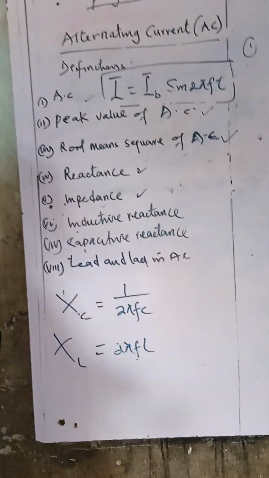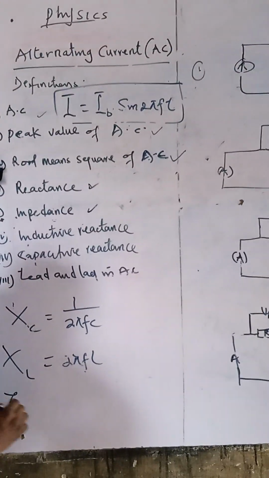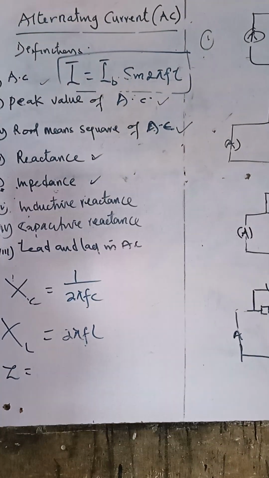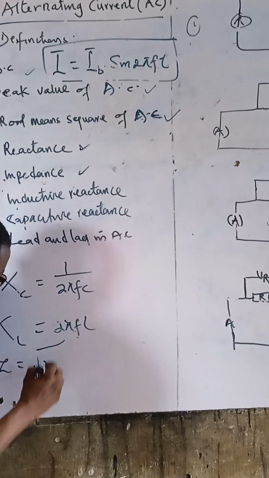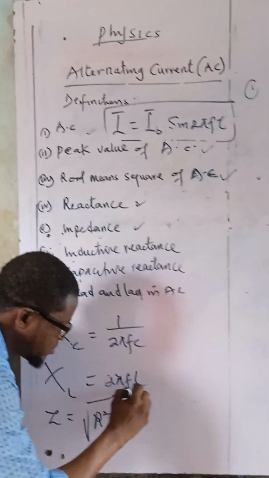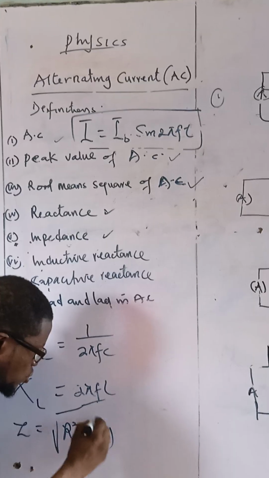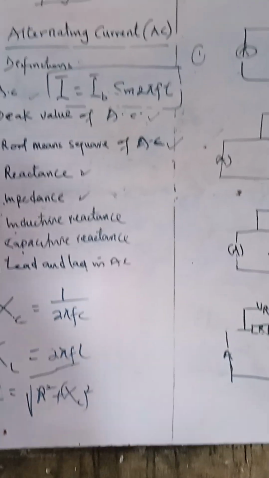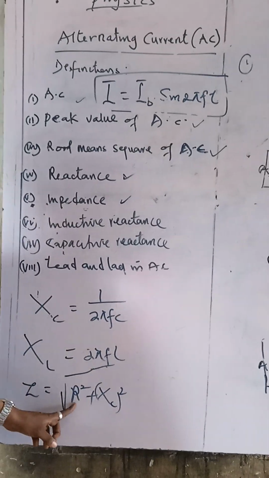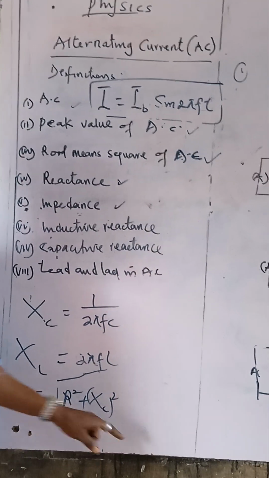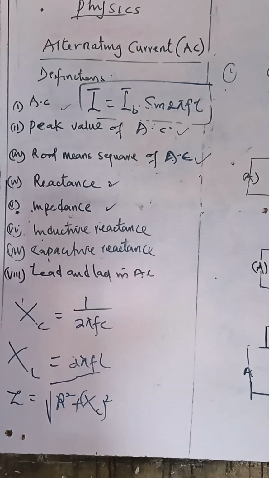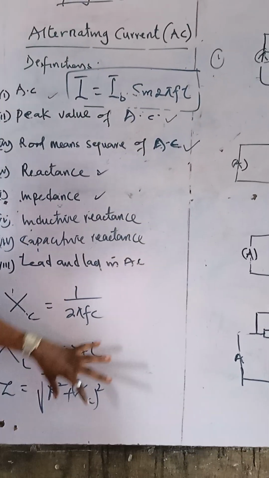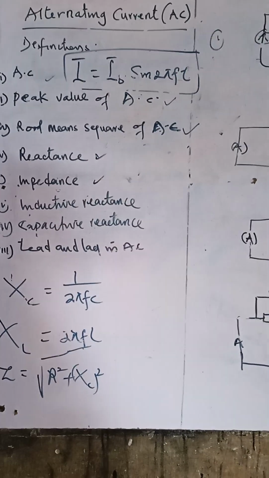Now, what is the formula for impedance? The symbol for impedance is Z, because it is overall regulation. So we can have it as the square root of R squared plus the square of the capacitive reactance. I have told you that impedance can be a resistor and one of them. So if in the circuit I have only a resistor and one of them, and that one is a capacitor, this is how we get the impedance.